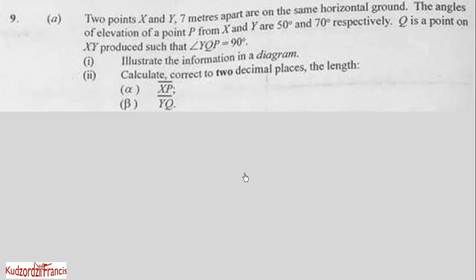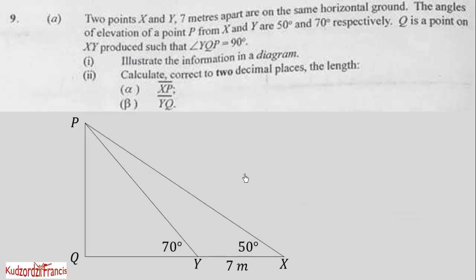What about the first part? So for the first part, we have this diagram again, and we found x to be 5.32. So we can use the cosine ratio. XP is the hypotenuse, the bigger hypotenuse.